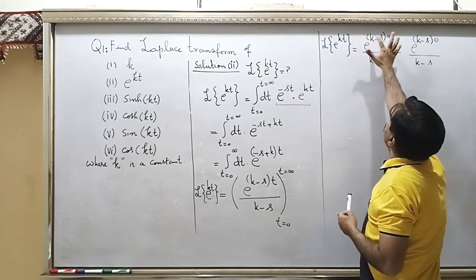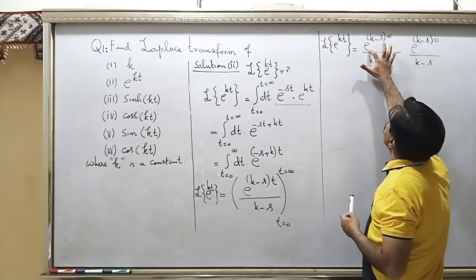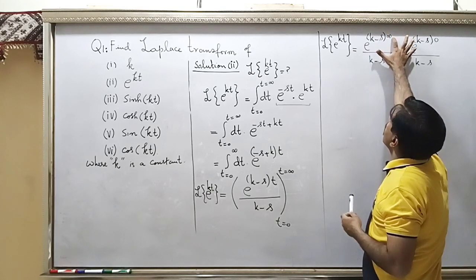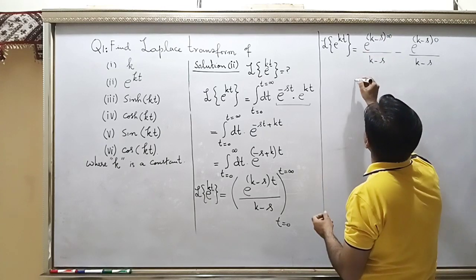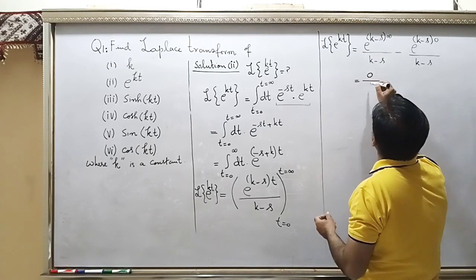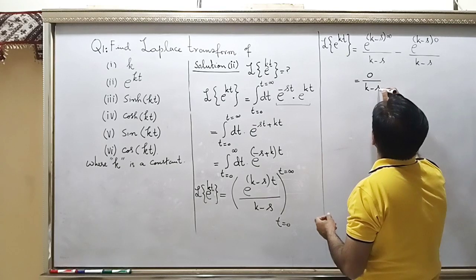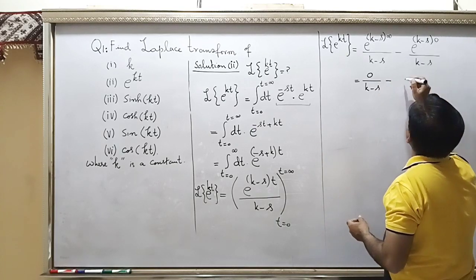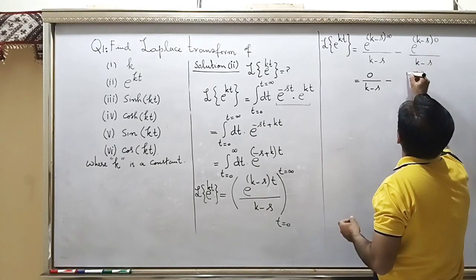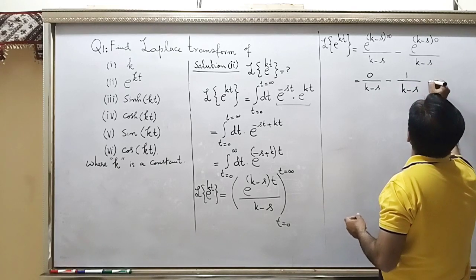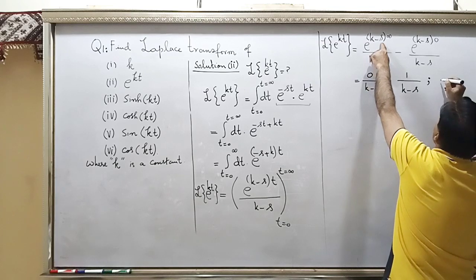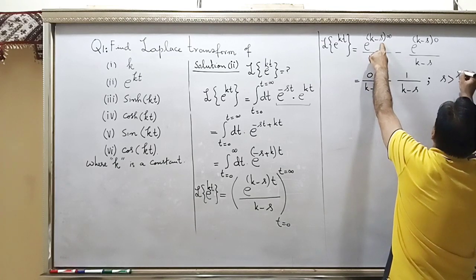So any negative number multiplied with infinity will produce minus infinity in the exponent. So e to the power minus infinity will be 0 over k minus s, minus this e to the power 0, which is 1, divided by k minus s, and this happens when s is larger than k.